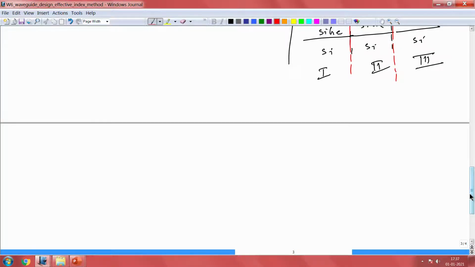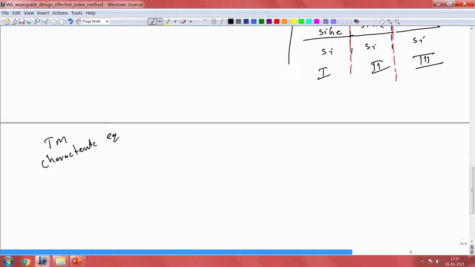So, that means the TM characteristic equation is that we have looked at, right. So, this is N1 by N2. So, this is the characteristic equation of TM mode in a symmetric waveguide.